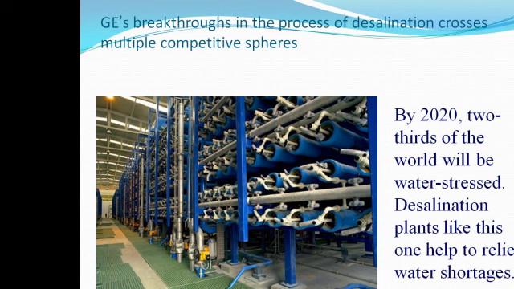So desalination helps plants like these give people clean drinking water and relieves them from water shortages. A great idea, a great breakthrough in terms of marketing and in terms of mission statement.